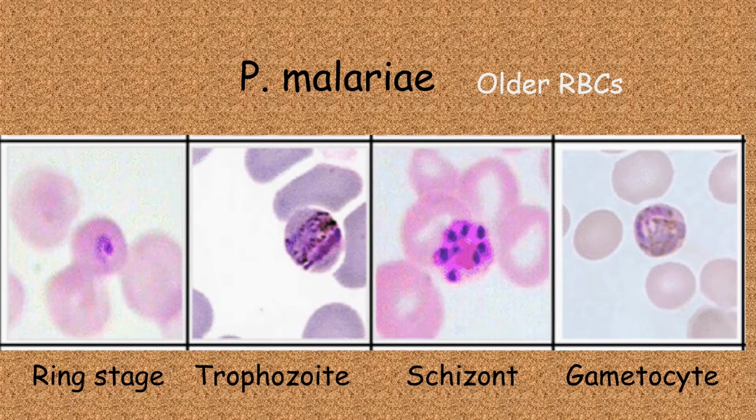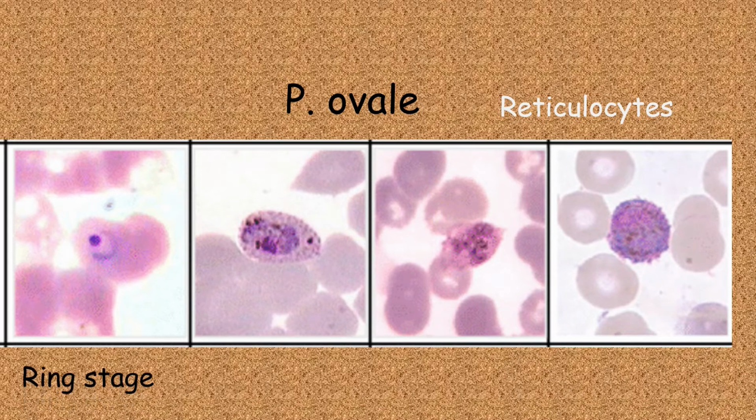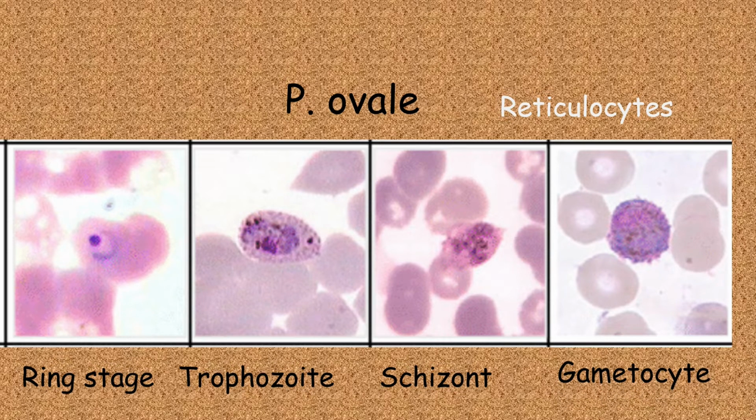Next, what you see is the blood picture of Plasmodium ovale infection. It has the predilection to infect reticulocytes. Ring form here has large chromatin dots and sturdy cytoplasm, as you can see here. Then comes the trophozoite stage and the schizont stage. A dark brown pigment can be seen in the schizont stage, and finally is the gametocyte, where you can see it again fills the complete red blood cell.